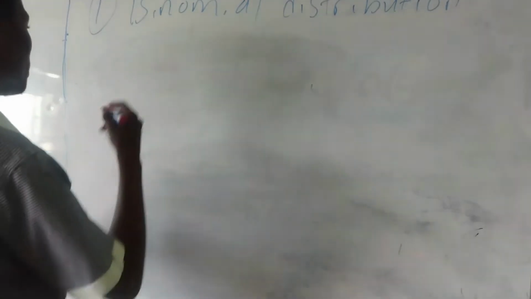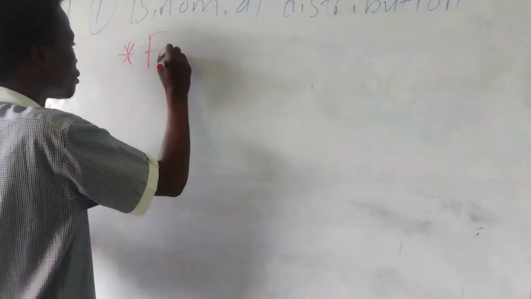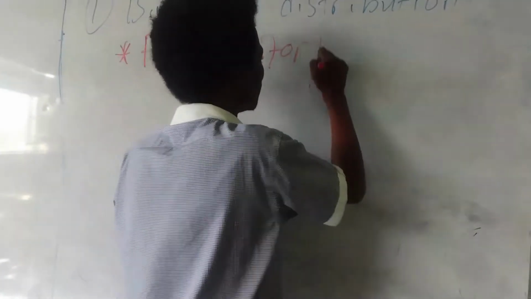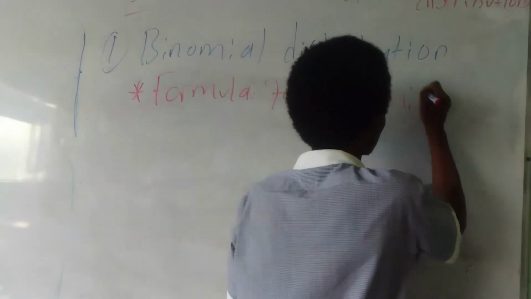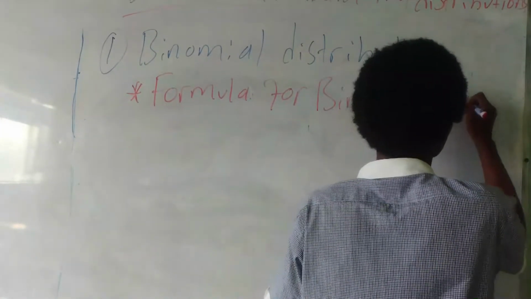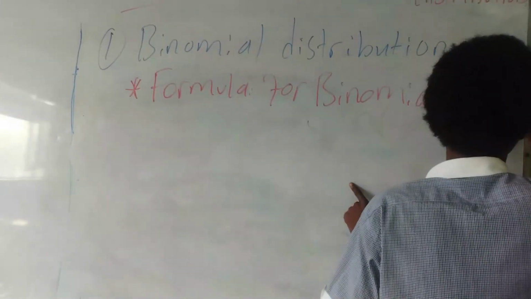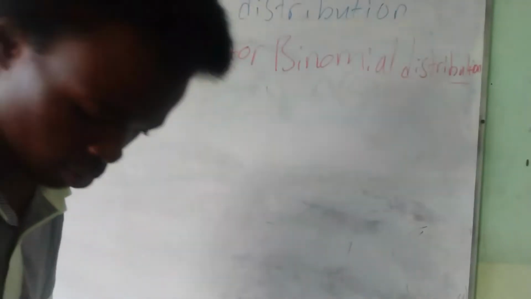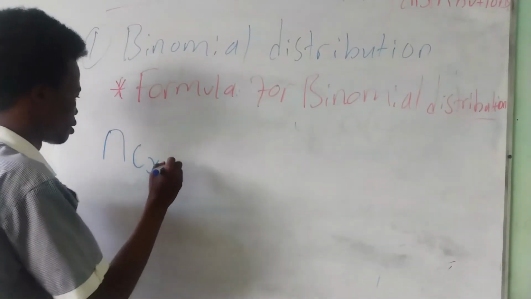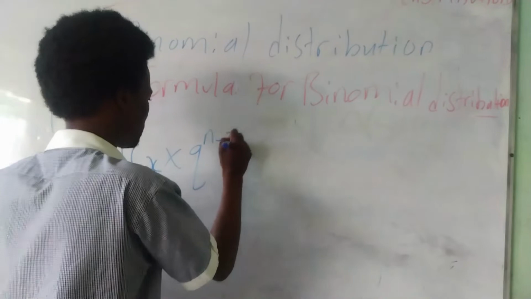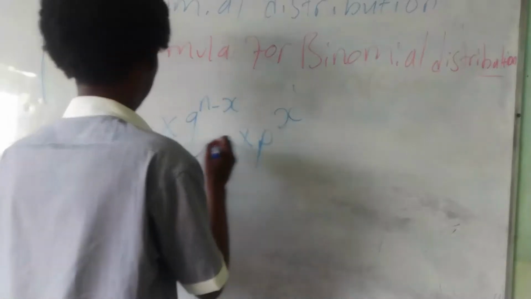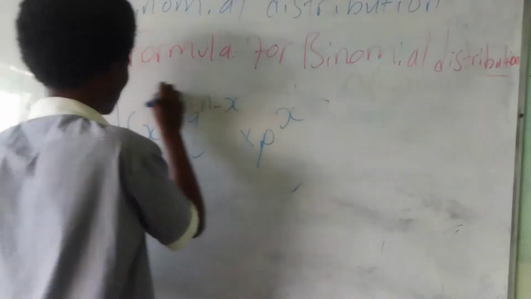The formula is n choose x times q to the power of n minus x times p to the power of x.